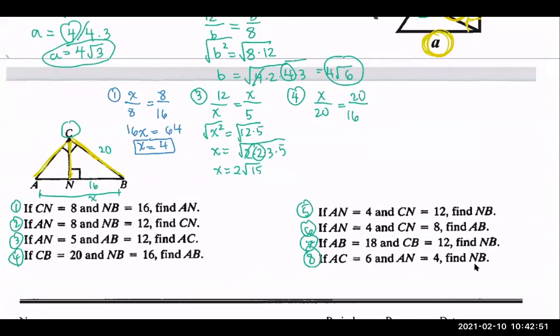And remember, it doesn't matter if you put X on top or 16 on top, it just has to be those two numbers, 16 and X. So 16X equals 400. What do you guys get for X?